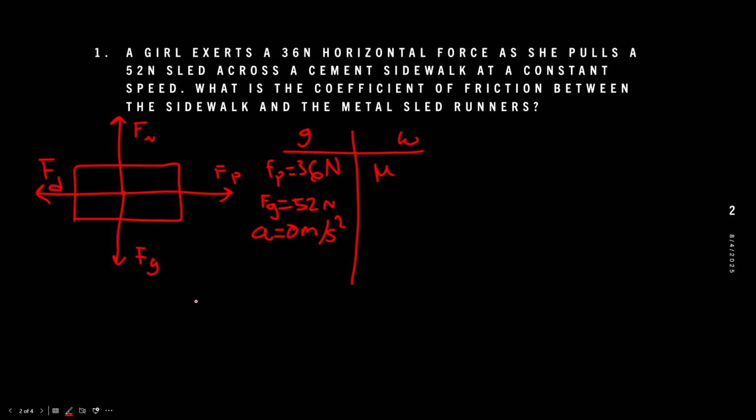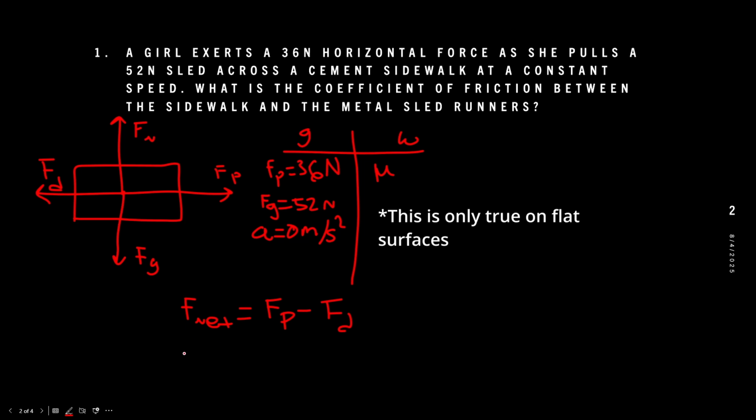Now I could write our forces equation and say F net equals Fp minus Fd. The reason why I didn't include Fn and Fg is because those forces are the same magnitude but go in opposite directions, so they just cancel each other out. So now we could expand this formula and say ma equals Fp.